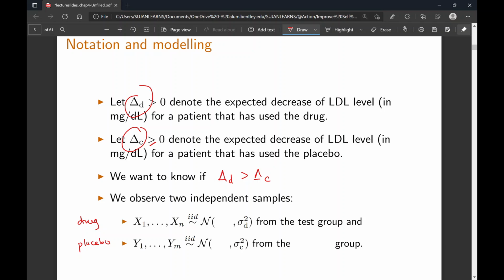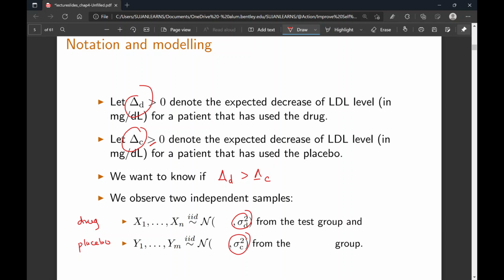Now, what is the distribution of X and Y? We have made an assumption that X and Y are Gaussian distributed. That's our assumption. Therefore, X and Y have their own variances, sigma D squared and sigma C squared.